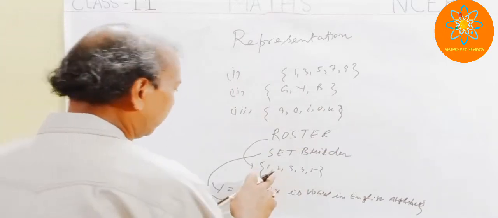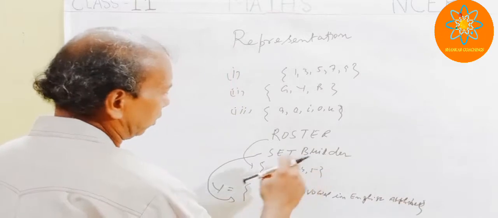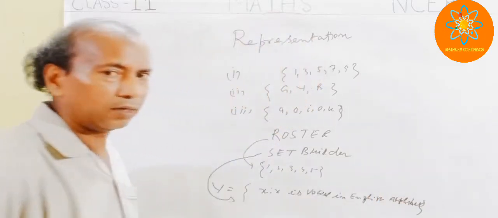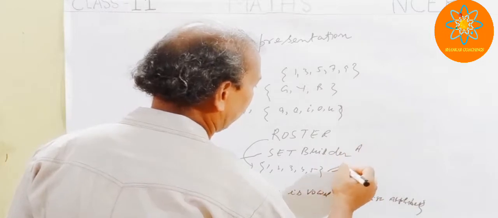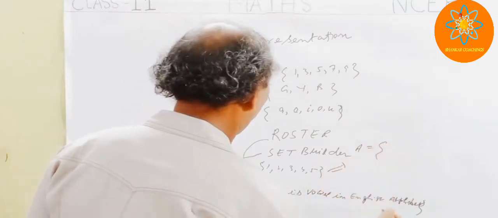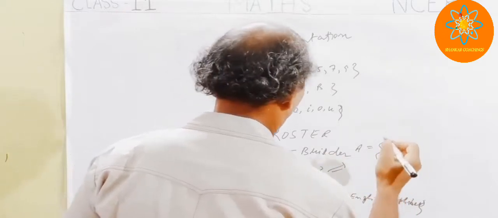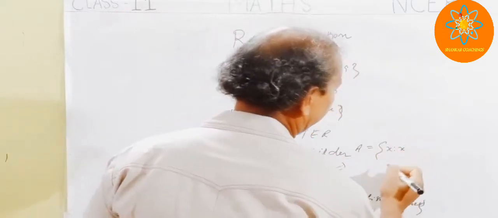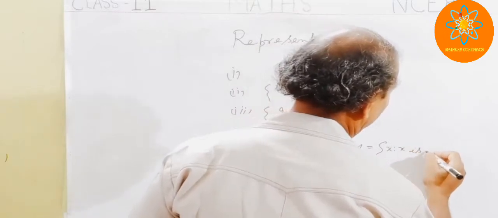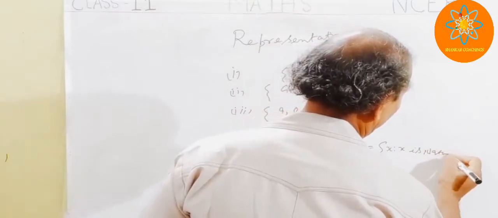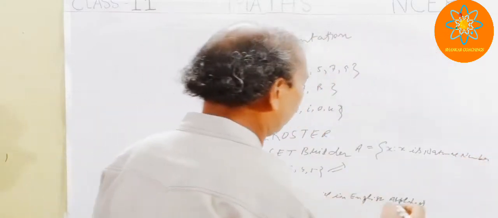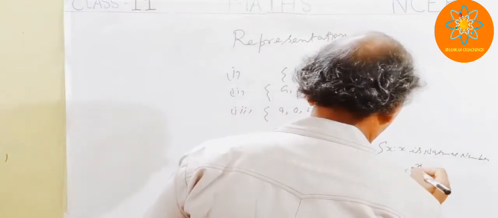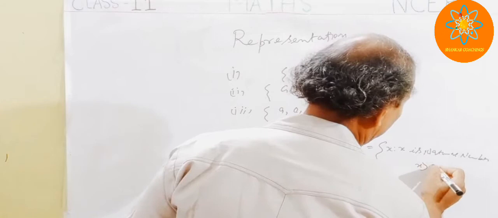For example, if I want to change this roster form into the set builder form, how will I write it? Suppose I denote it by A. So this A is equal to X where X is a natural number and X is greater than 6.